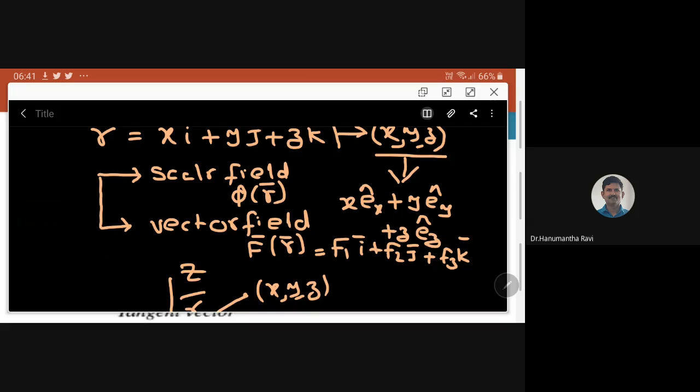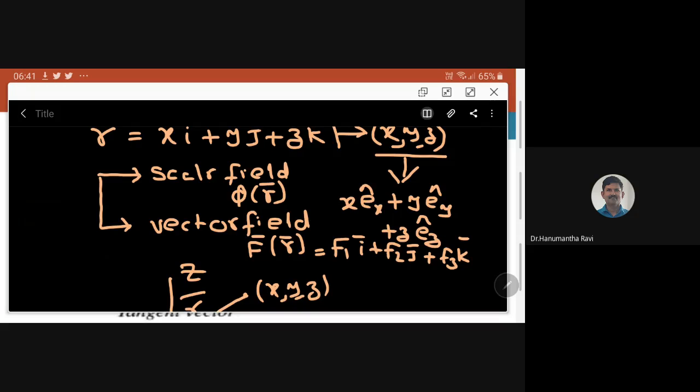A scalar field is a real valued function of a vector variable, and a vector field can be viewed as a vector valued function of a vector variable.